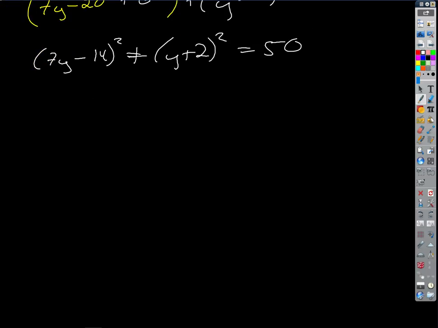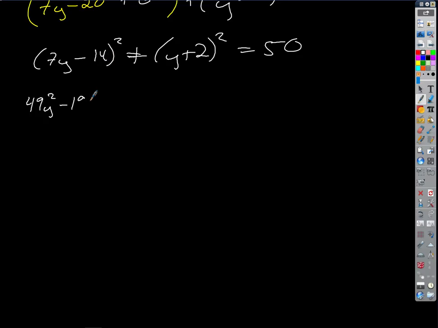Exponents. Okay, so I've got (a − b) squared is a² − 2ab + b². So what's the quantity 7y squared? 49. Good. 49 times y squared. Good. Minus 2 times a times b. Well, 2 times 7 is 14, times 14. What's 14 squared? 196. Good.